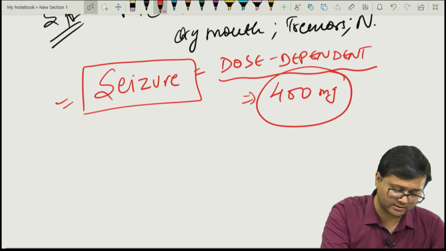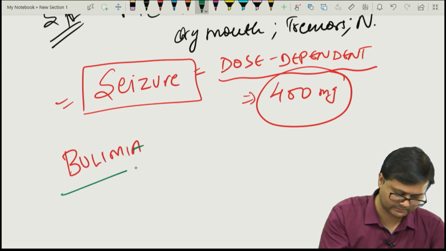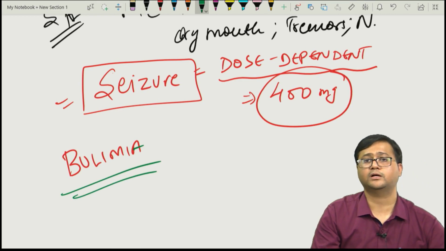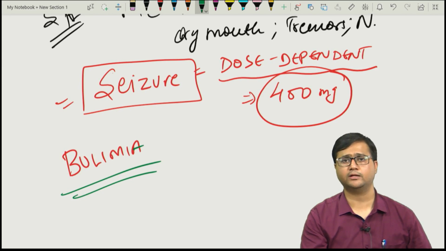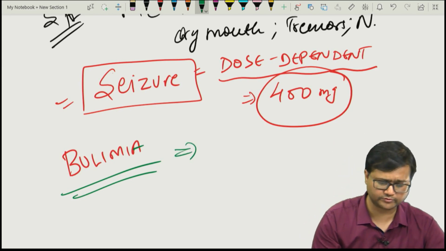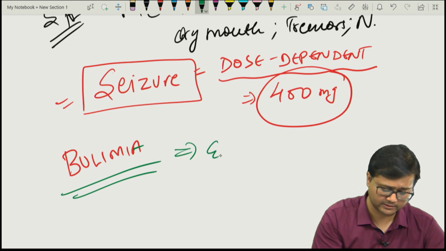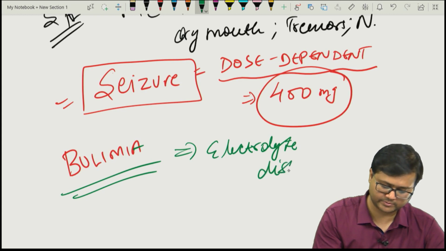Now in bulimia, as we know, there is a surge of eating in a binge pattern and subsequently vomiting it out. Because of the vomiting there may be electrolyte disturbances.